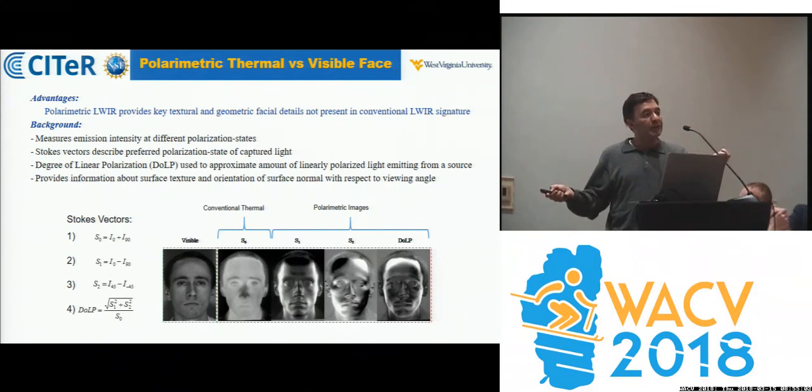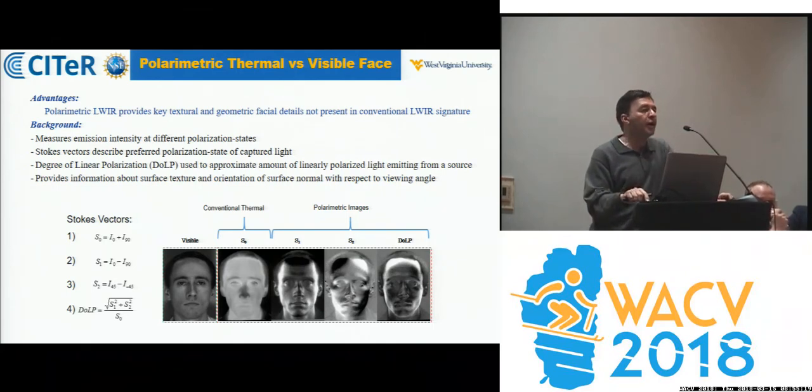And the goal is now, given the thermal image and its polarimetric information, can you match this set of images with the corresponding visible imagery? We will show you some results that we can do that, and performance goes higher than with thermal alone.